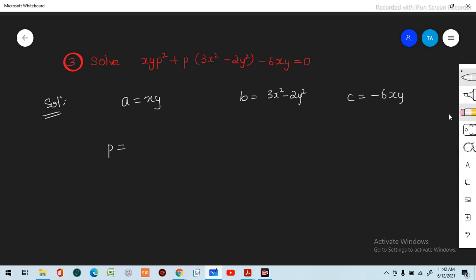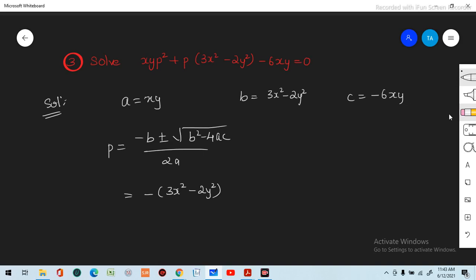As usual you substitute the values of a, b, c in the quadratic formula: minus b plus or minus square root of b square minus 4ac divided by 2a. Here I get minus of 3x square... be careful how I am writing, just see this. What did I do? Minus sign I have kept outside. In the bracket I am writing 3x square minus 2y square.